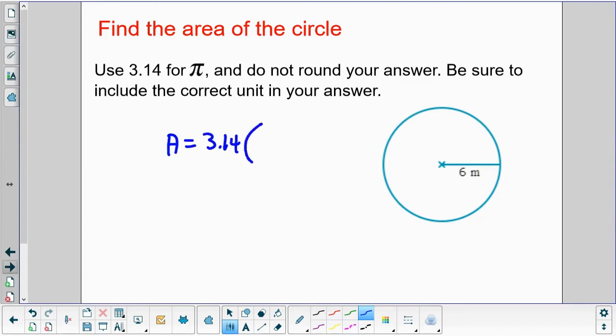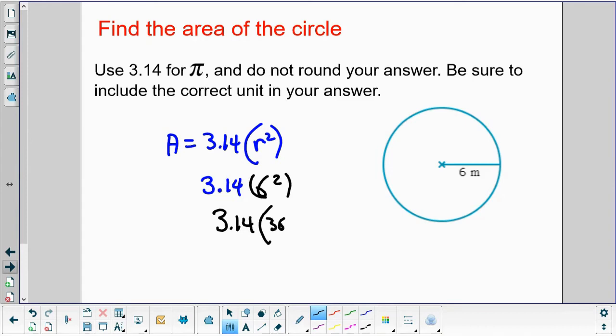So area is 3.14 times radius squared, and the radius is 6, so we got 6 squared, which is going to be 36. And when we multiply all of that out, what do we get?